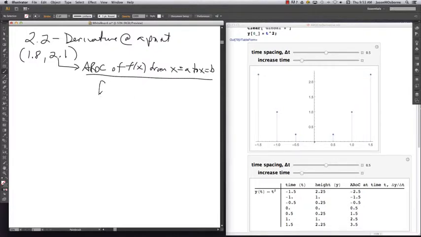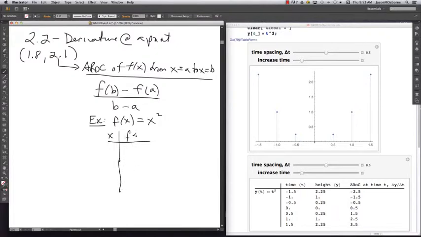Essentially, the formula is f of b minus f of a, divided by b minus a. In the example on the right of the screen, the function is f of x equals x squared. I've created a table of values for it. You would put some x values into this function, say negative 1.5, negative 1, negative 0.5, and 0.